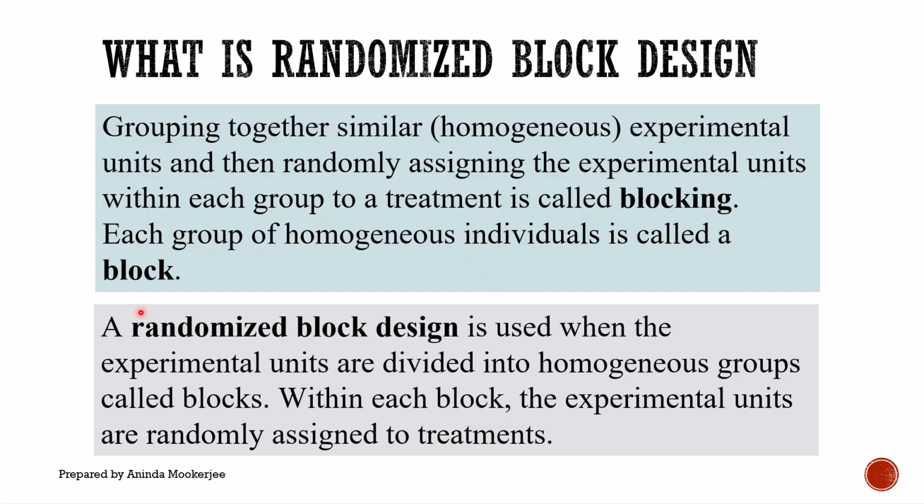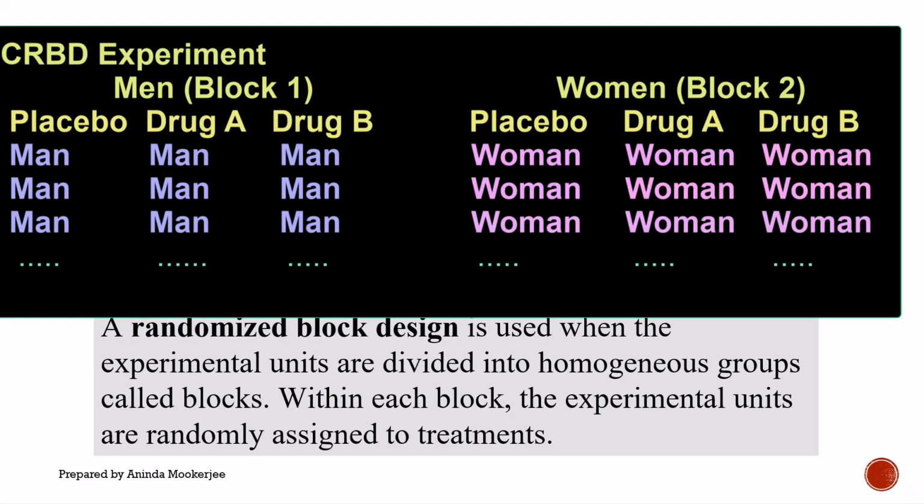In that case, we will create blocks. One block would be only men, and the other block would be just women. We have separated the subjects based on gender, and then we will apply our treatments on the two groups identically.